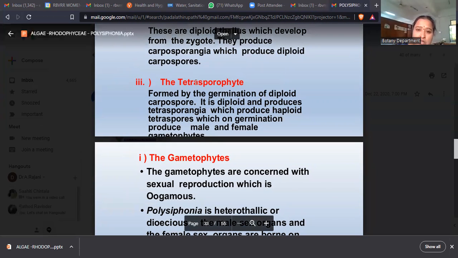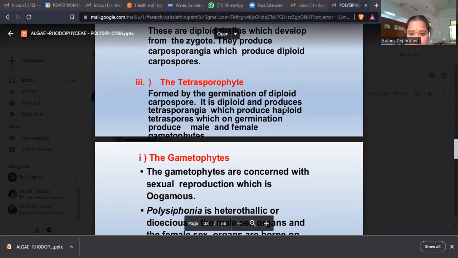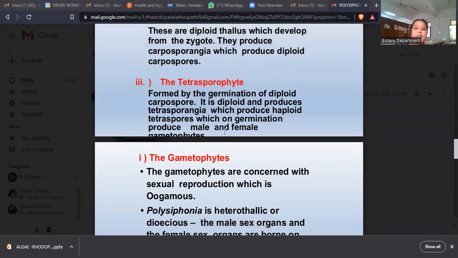The diploid carposporophyte germinates to produce tetrasporangia, which produce haploid tetraspores. Here reduction division takes place, converting it into the haploid stage, which germinates into male and female gametophytes. These are the three distinct phases.